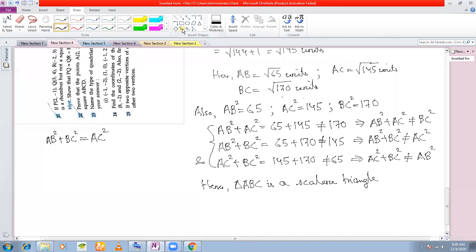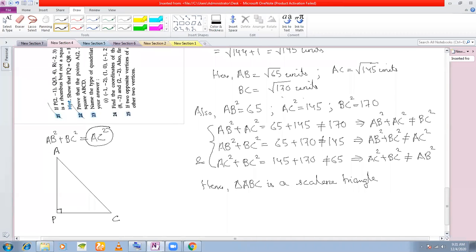In this case, what you could have done is draw a right angle triangle, with the right angle say here, and you could have guessed which angle should be your right angle. See, your AC is the hypotenuse here clearly.